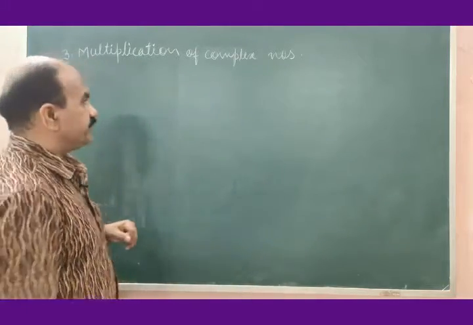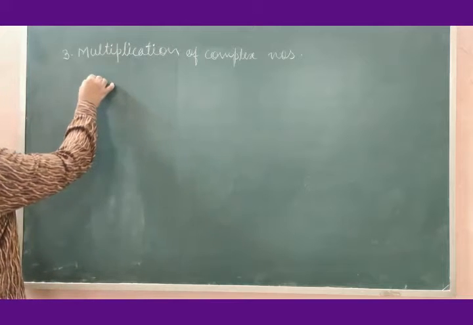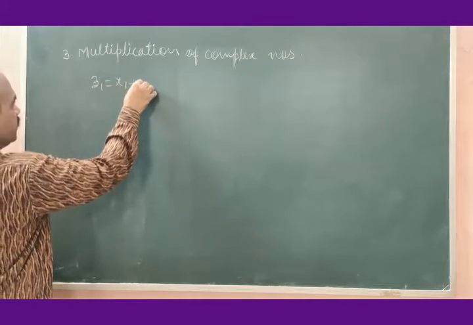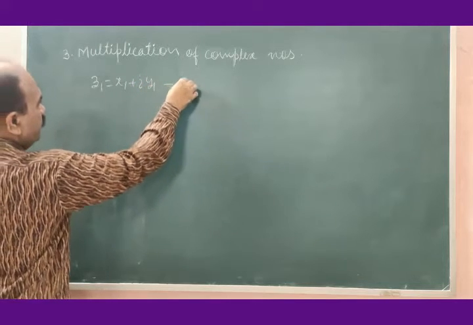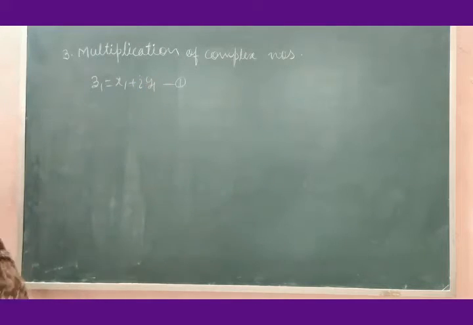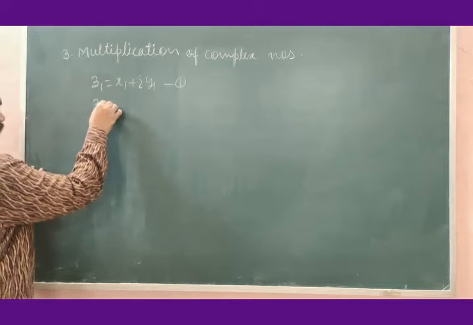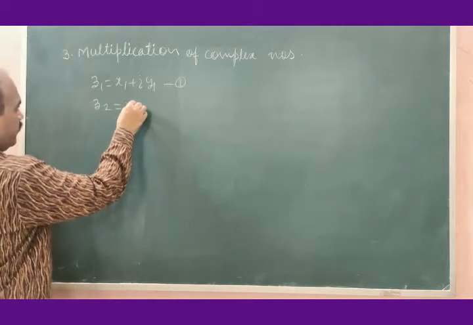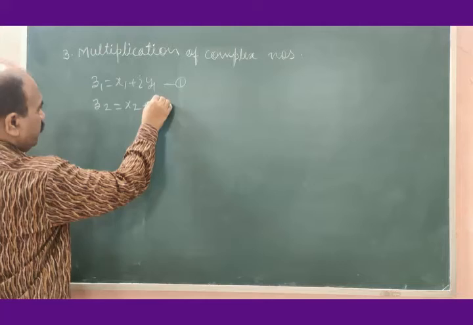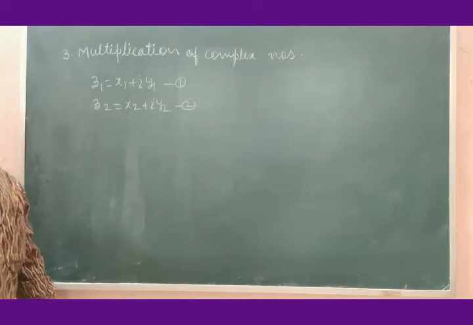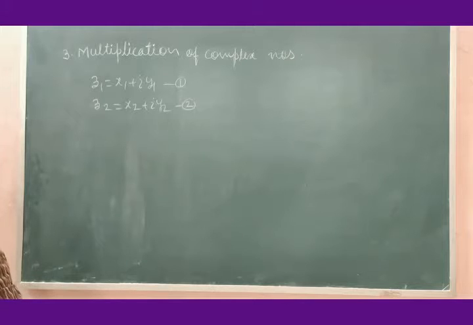For example, let us consider the first complex number Z1 is equal to x1 plus iy1, equation number 1. Second complex number Z2 is equal to x2 plus iy2.